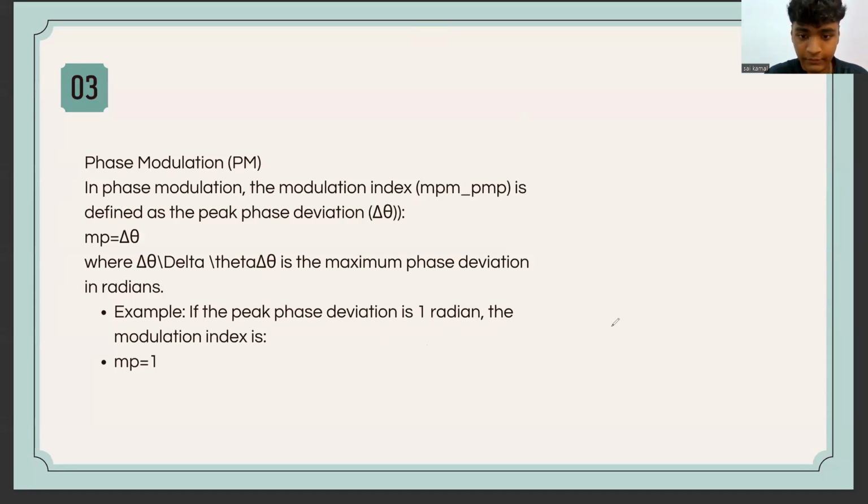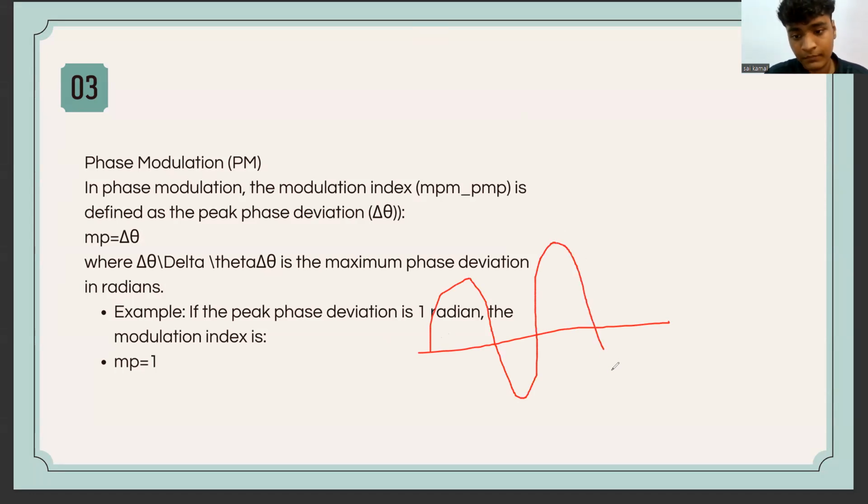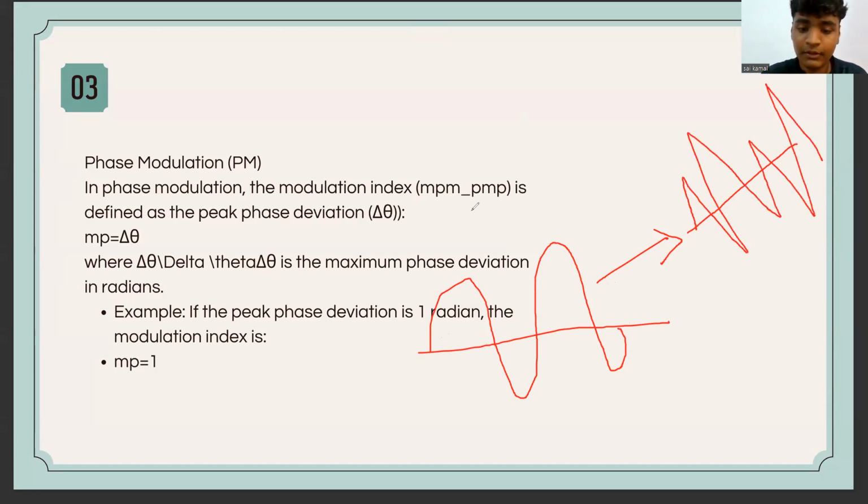Let's take one waveform here. Think of this as a message waveform, which gets combined with the carrier signal, and the carrier signal should be higher in every respect: in amplitude, in frequency, or in phase. My drawing is very bad. So this is a message signal and this is a carrier signal. When they combine with each other, they form another signal, which we can draw like this.